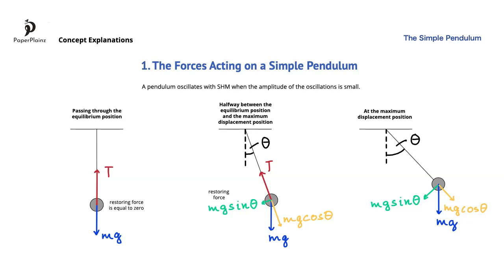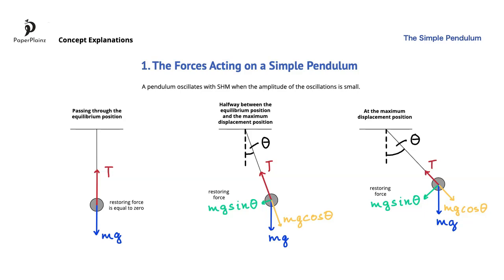This means that the pendulum bob at this moment is not moving in a circle, therefore the centripetal force is equal to 0, so the magnitude of the tension is the same as the magnitude of mg cosine theta. As before, mg sine theta provides the restoring force, which is larger than in the previous position.